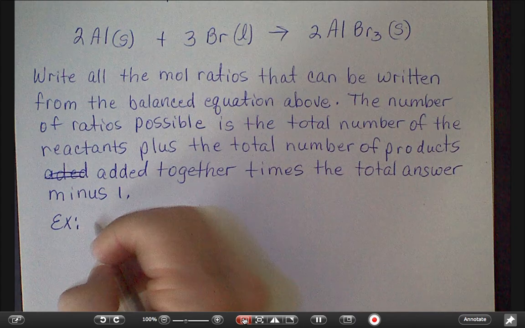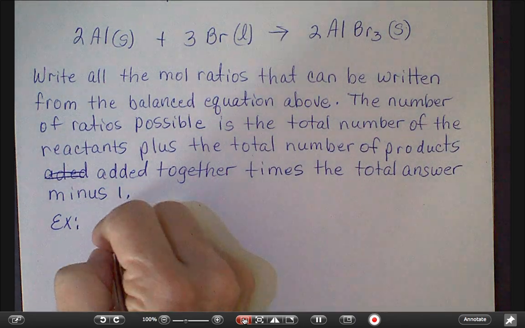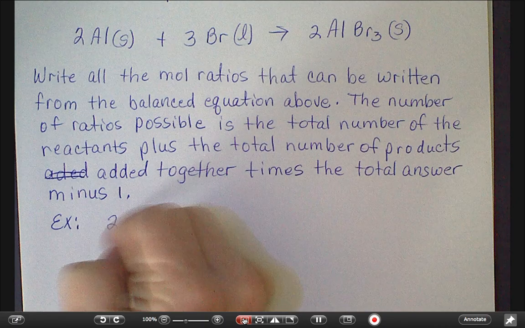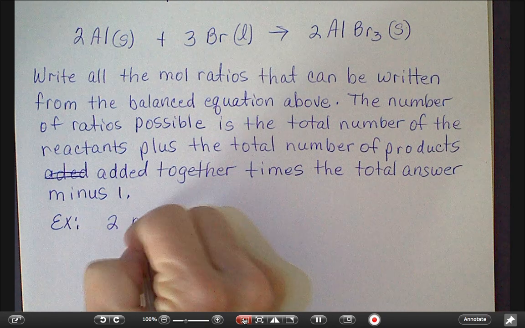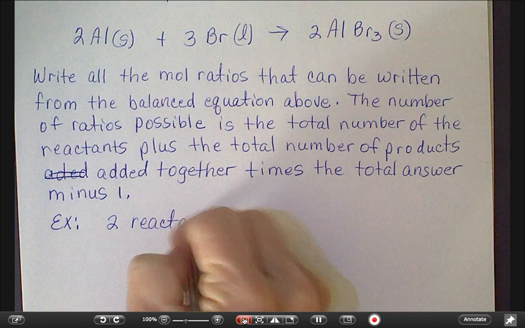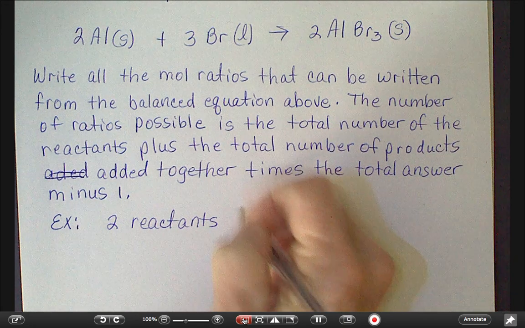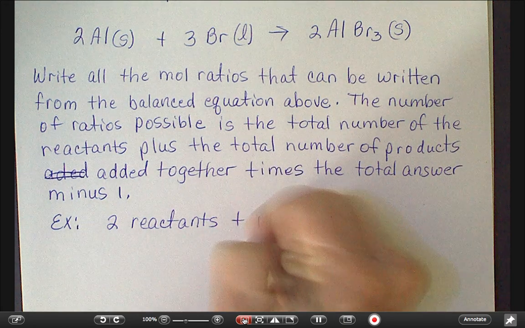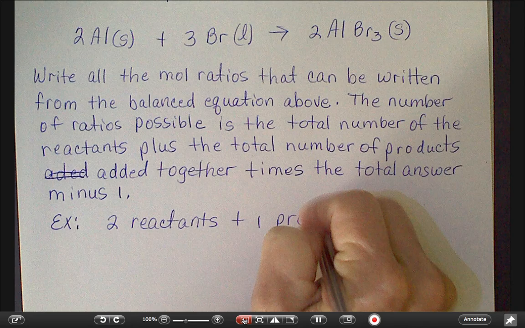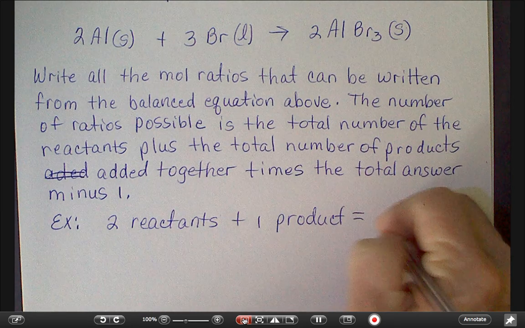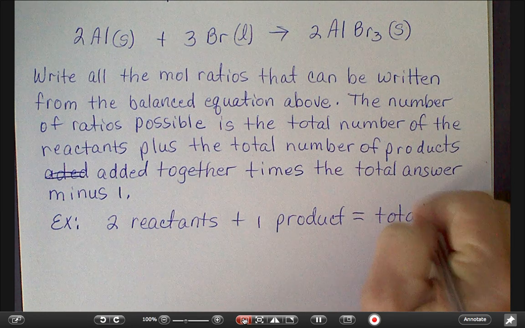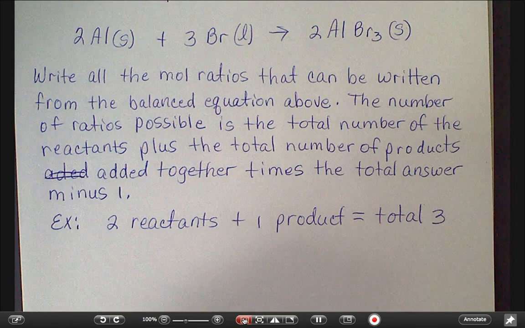So 2 reactants, I'm doing this so it's extremely explanatory, plus 1 product equal a total of 3.